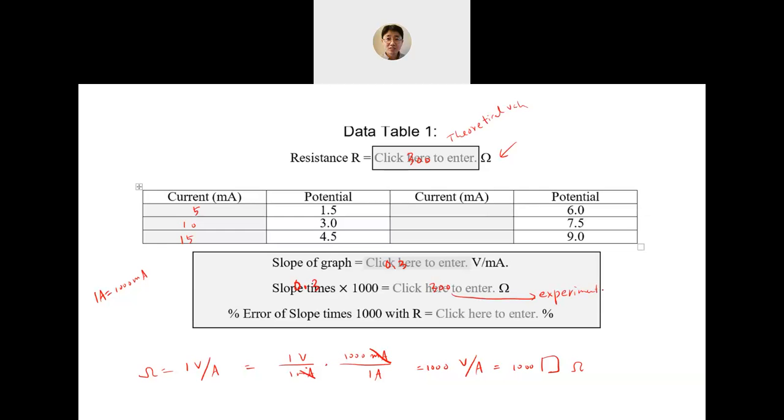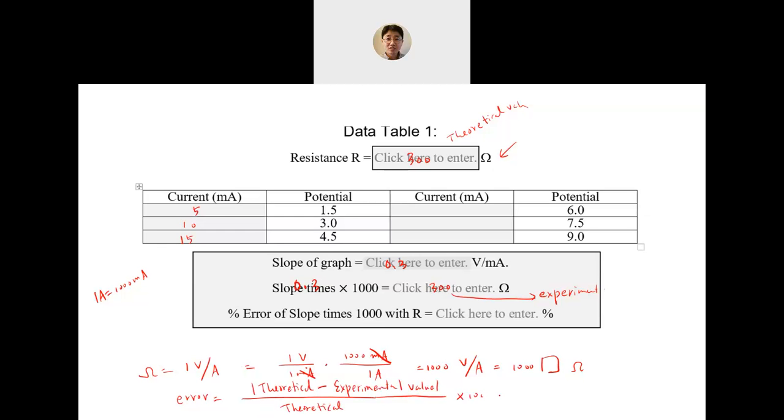In this case, this simulator is an ideal simulator, not a real case like a real experiment. Then we can compute the error. How to get the error? Error equals theoretical value minus experimental value, over theoretical value, then times 100.